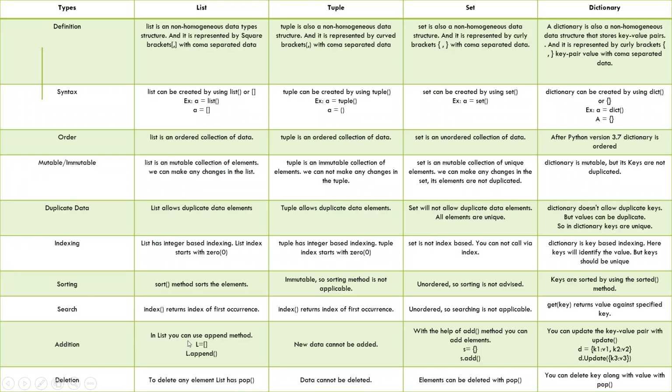Now addition. You can add a value to the list. Why? Because list is a mutable object, you can change the elements inside the list data, so you can add an element with the help of the append method. But tuple is an immutable object, so once declared you cannot make any changes, and new data cannot be added to the tuple.